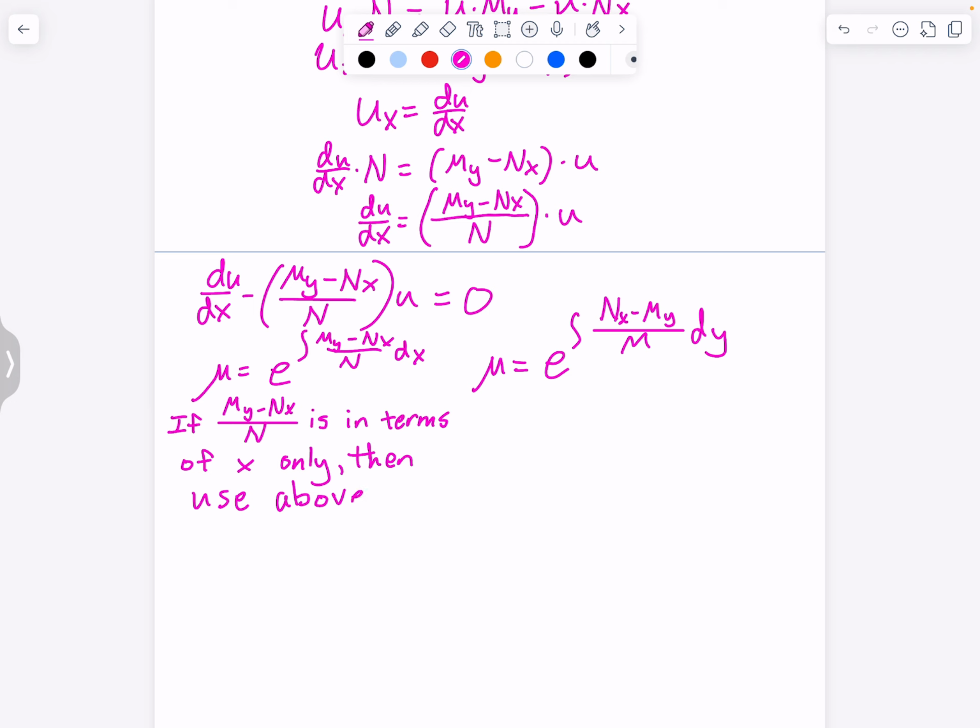Okay, I'm going to put that all together. So this is our statement here. If that's our multiplier, if the thing in the exponent there is in terms of x only. All right. And then we're actually going to have that same thing.